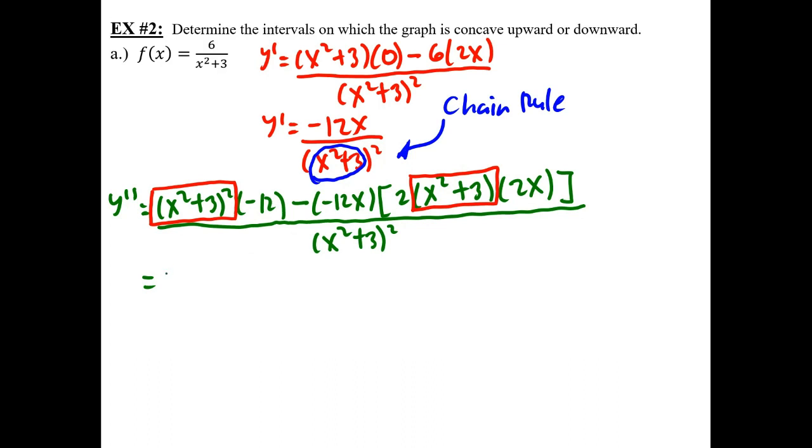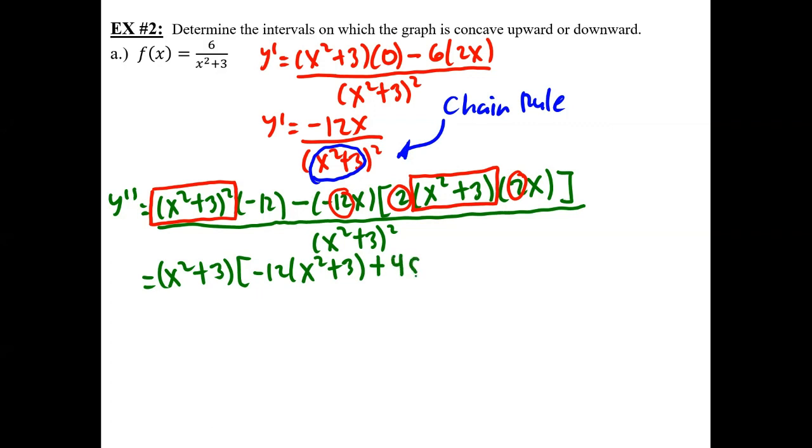We have x squared plus 3 multiplied by negative 12 times x squared plus 3 minus, so simplify, negative times negative will become positive. 12 times 2 is 24. 24 times 2 is 48.